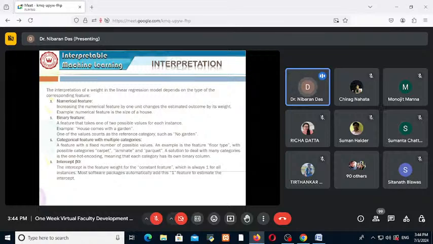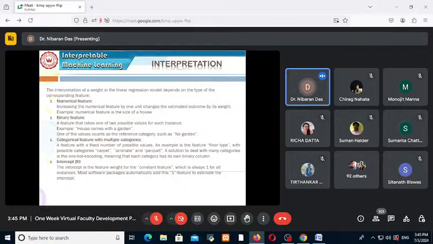Now, interpretation. The interpretation of a weight in the linear regression model depends on the type of the corresponding feature. There are several types of features: numerical features, binary features, and categorical features. Categorical features have values in alphabetic form, like a feature with a fixed number of possible values.